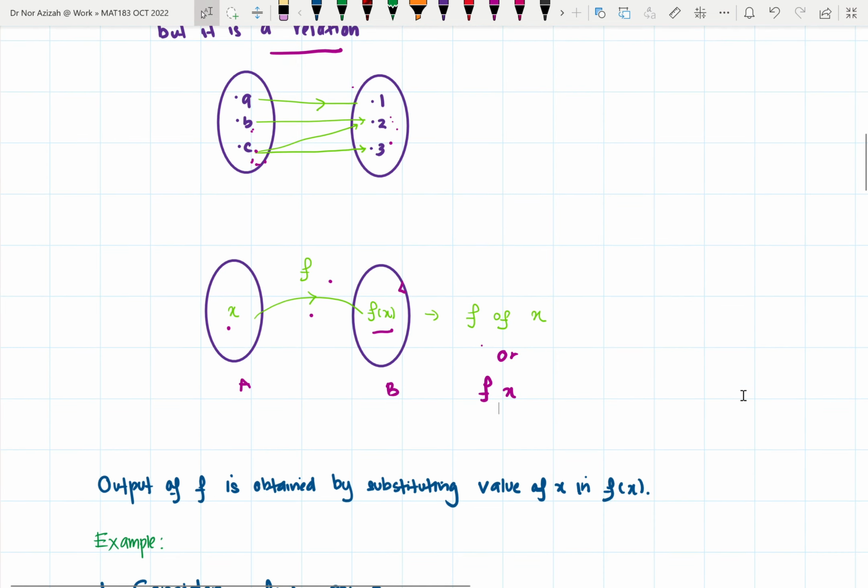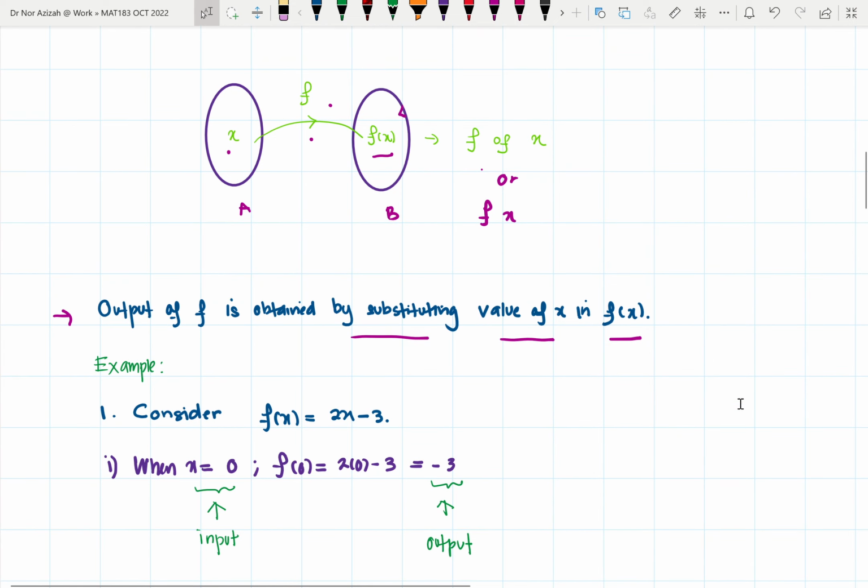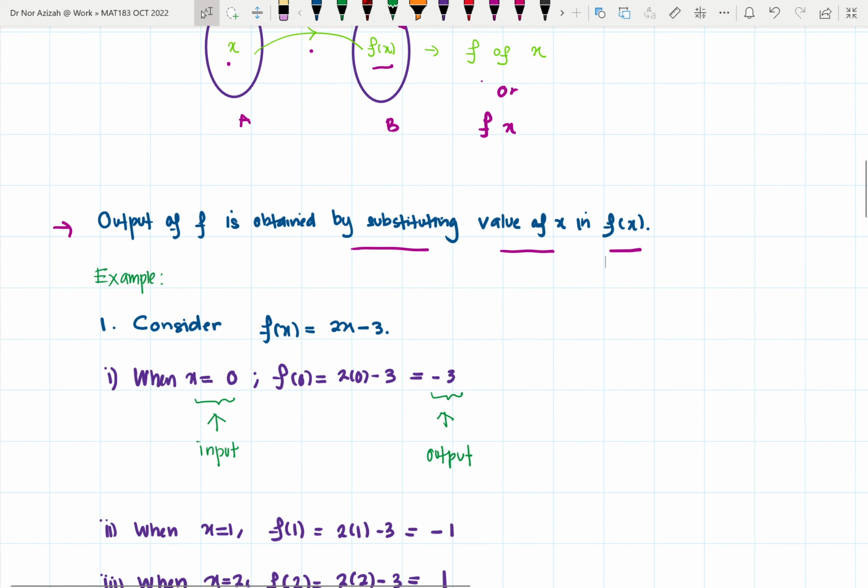So next, you should know that the output of f is obtained by substituting the value of x in f(x). For example, consider f(x) = 2x - 3. When x equals 0, we also call it the input, so you replace x by 0.